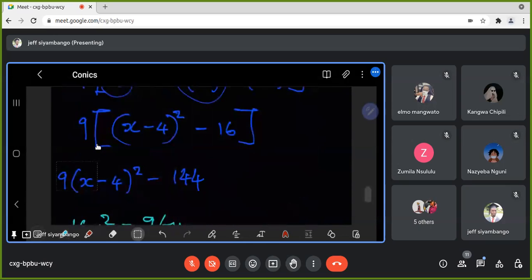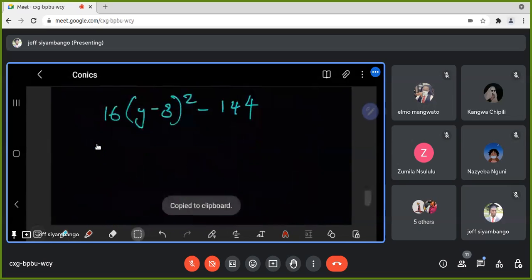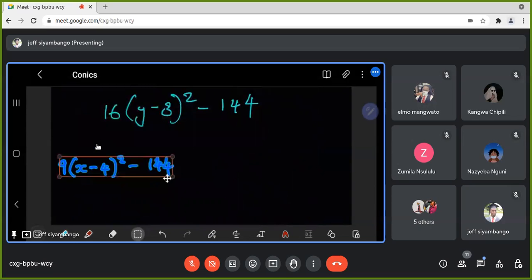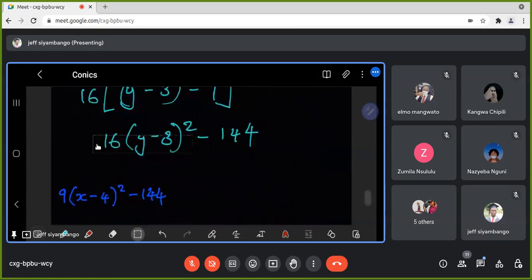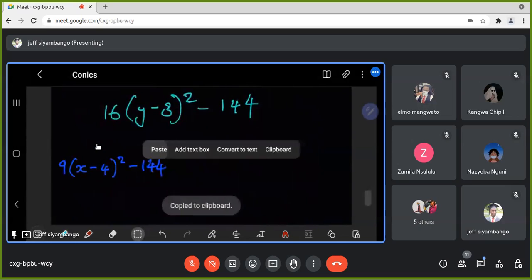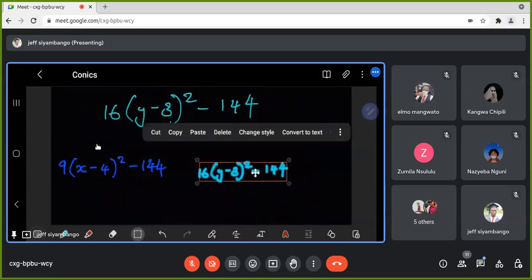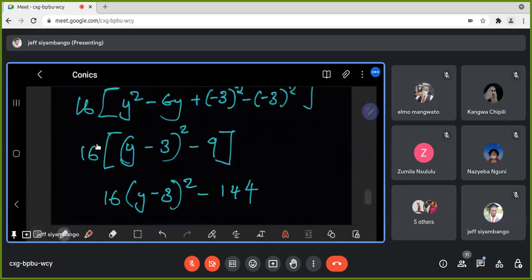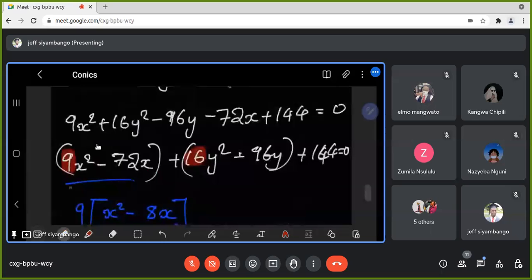Let's put them together. Okay, so this is the first one, and this is the second one. So don't forget, the other part, it had two parts. There was this, then there was this.